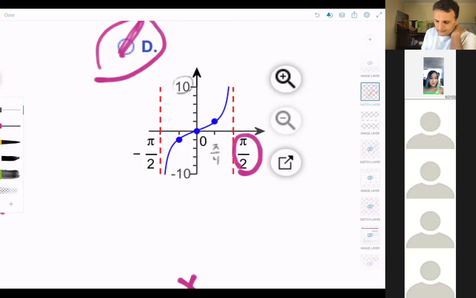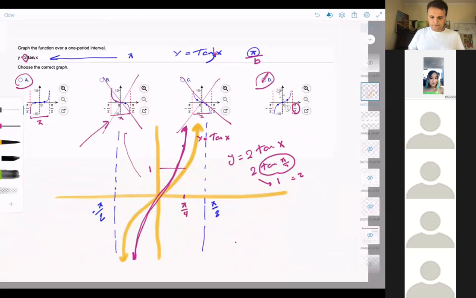This is 10, so we have 8, 6, 4, 2. So this shows you at pi over 4 it is 2. So D will be the correct answer. We are just analyzing, we are not doing algebra.